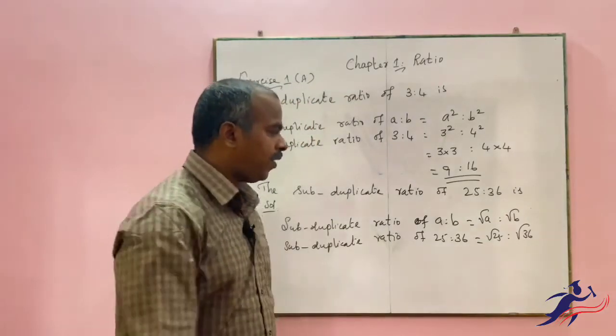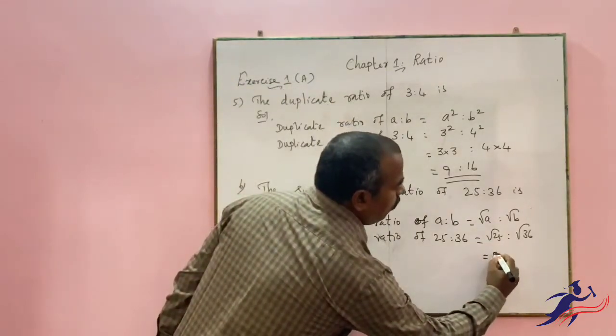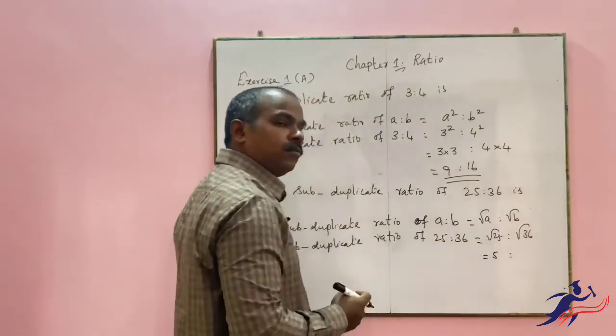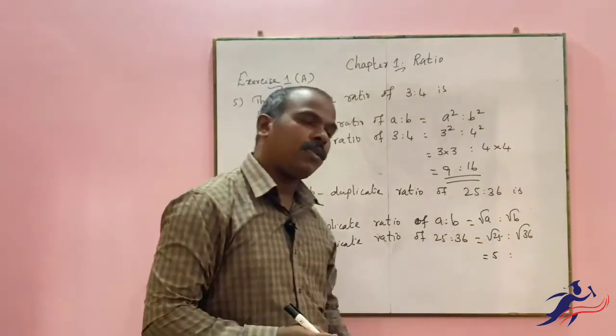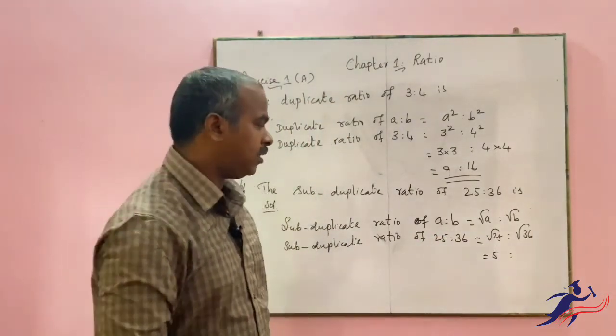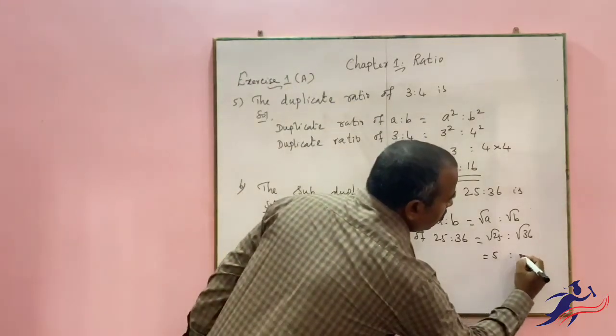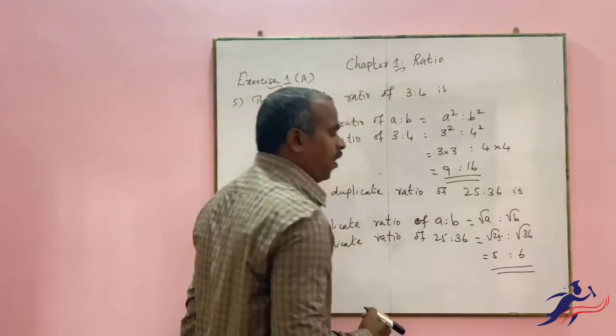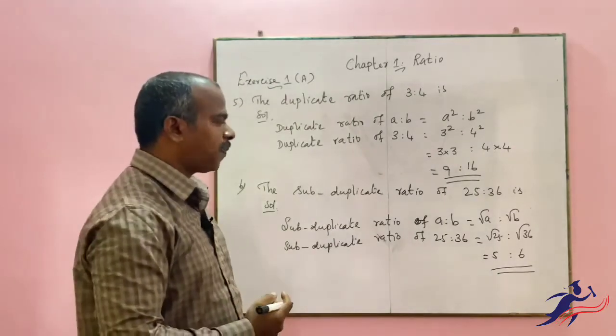That is root of 25, that is equal to 5 is to, that you can calculate or find out the root value using a calculator, is to root 36 is 6, that is 5 is to 6.